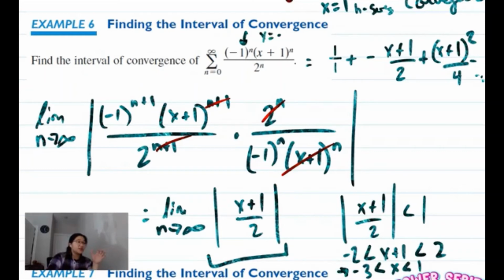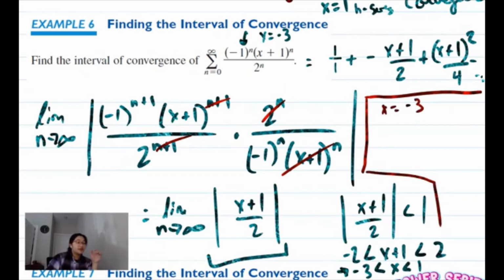So when x equals negative 3, let's write this over here. That means that we end up with terms like (-1)^n times (-2)^n over 2^n.